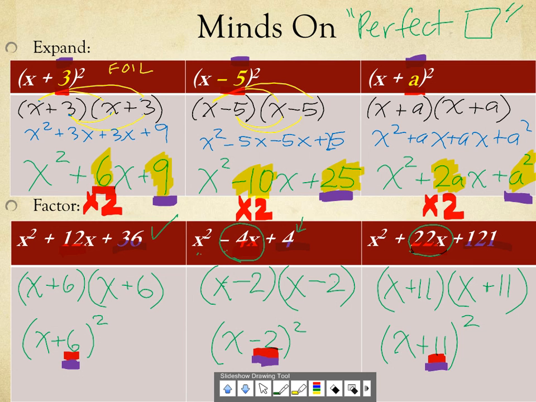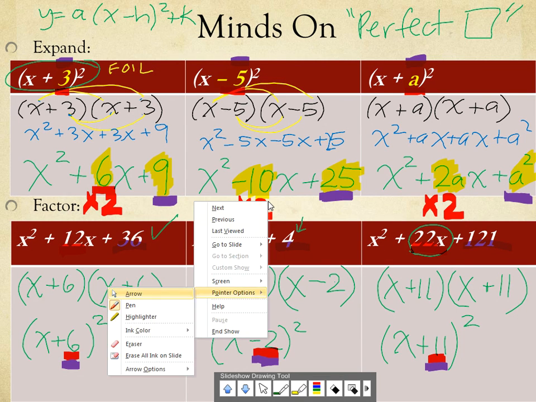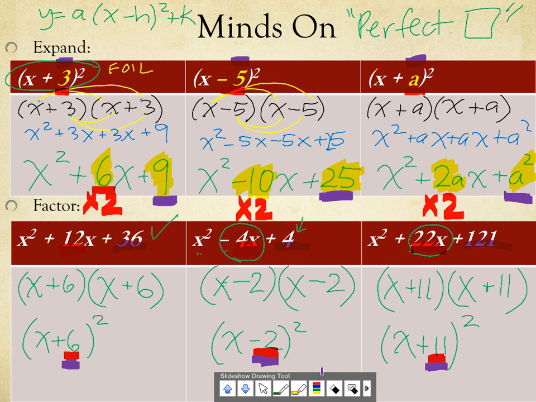Okay, so what we're trying to do when we complete the square is we're trying to create this looking thing. And the reason we're trying to do that is because if you know your vertex form looks like this, as you can see, it contains a perfect square. Okay, it contains that bracketed section with two terms and a square.